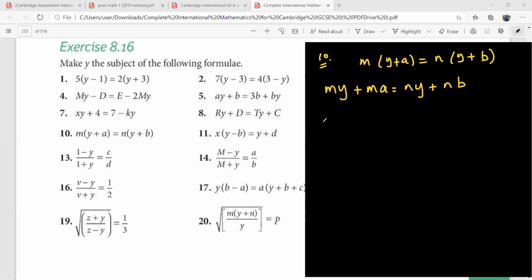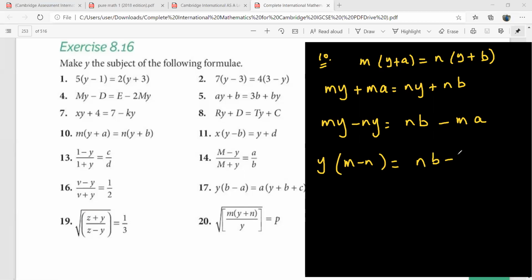Okay, so I'll keep the terms in y on one side and I'll move the terms which don't have y in them to the other side. Now this y is going to be common. This is y into m minus n, and there's no need to simplify this. So then you have this y equal to nb minus ma over m minus n.